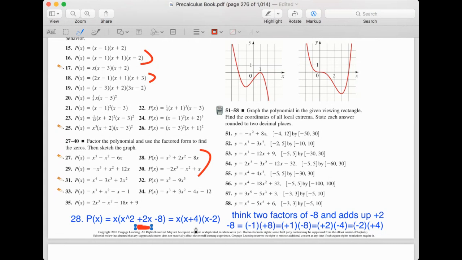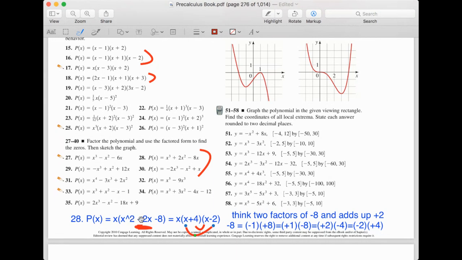Why is that? Because the middle two, you see here we have 4x, then we have -2x, right? 4x plus -2x gives us +2x. So add the two factors, whichever gives me +2. That's the factor I need. So here, +2 minus 4, that's -2.